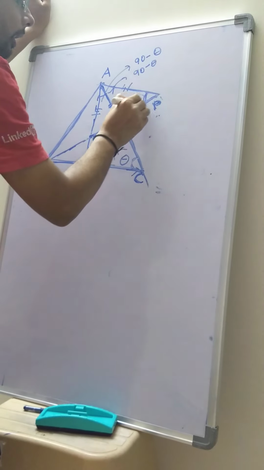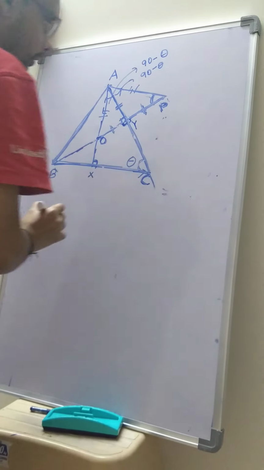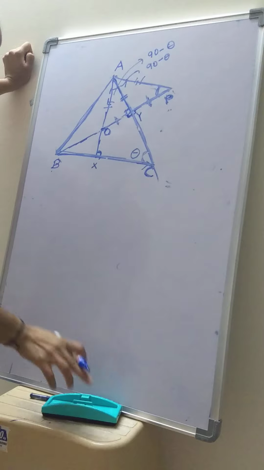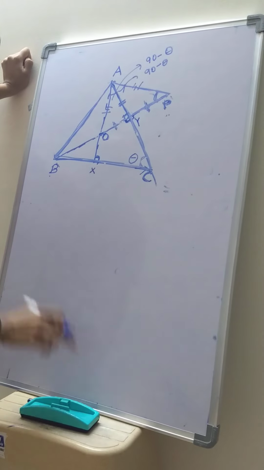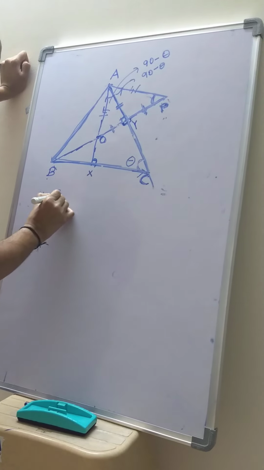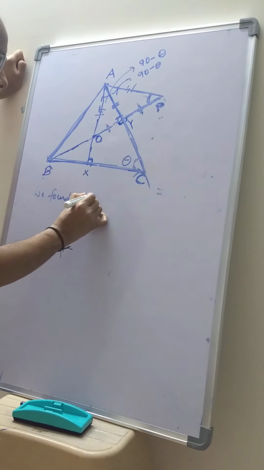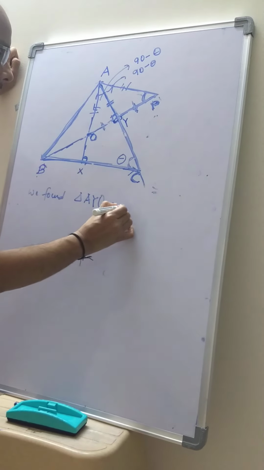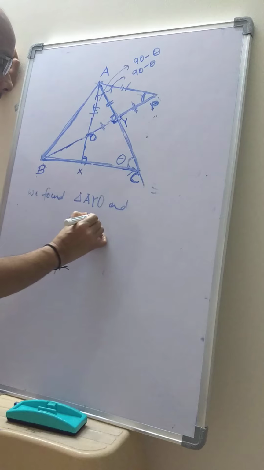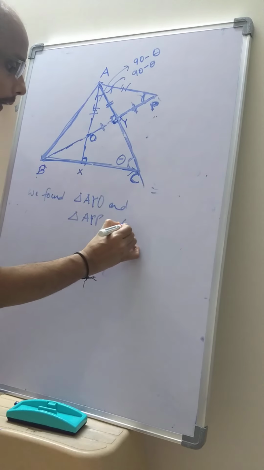Now look at triangle AYP. We found out that triangle AYO and triangle AYP are congruent.